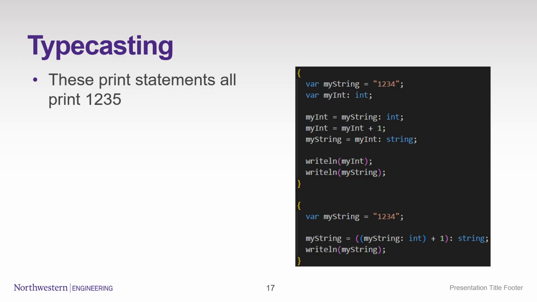You can cast myString into an int natively in the language, and then you can cast the int myInt back into a string. And if you print both, they'll both print 1, 2, 3, 4. In the code on the bottom, you can see that you can cast it to an int, add one, and then cast it back to a string all in the same line.